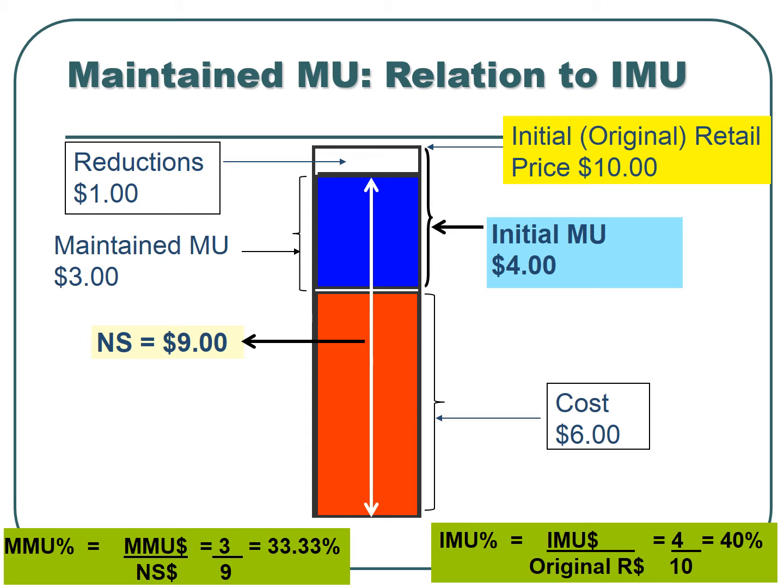So a lot of new formulas can be derived just by looking at this one simple example. If you cannot think about the relationship between initial markup and maintained markup, cost, net sales, reductions, and original retail, always go back and think about this one example diagram that will help you a lot in understanding their relationships.